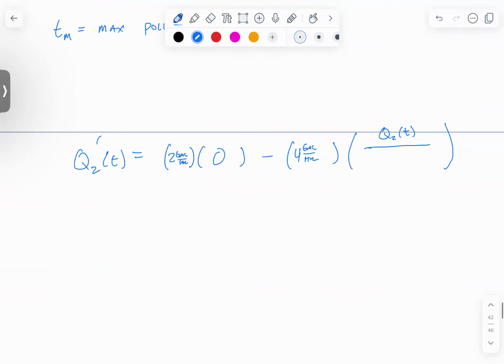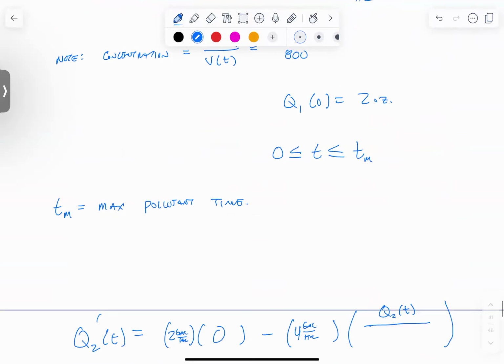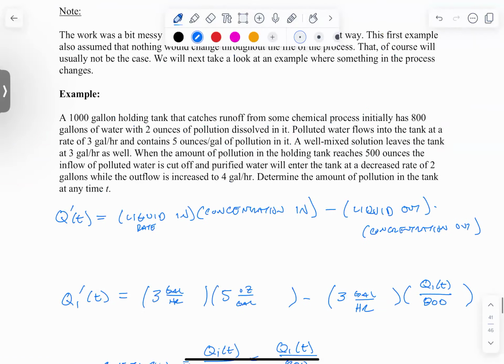In order to calculate our volume, it's basically what we did before. What's our initial volume when the second process began? 800. Minus 4T. Okay, almost. Remember that it's the change. Remember what we did last time? If we have 2 going in, 4 going out, what's the change?